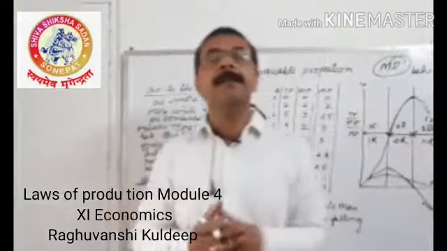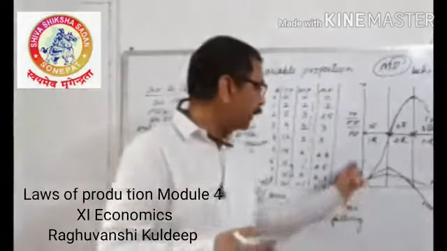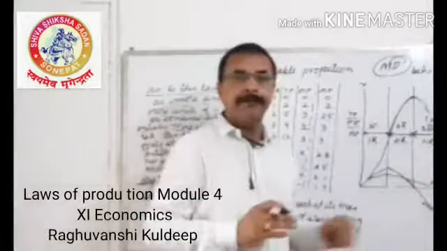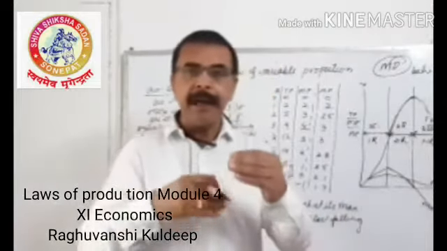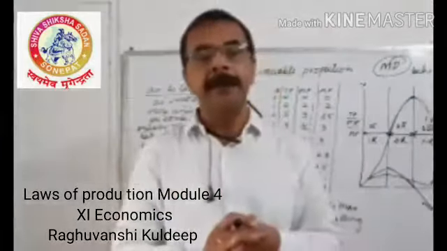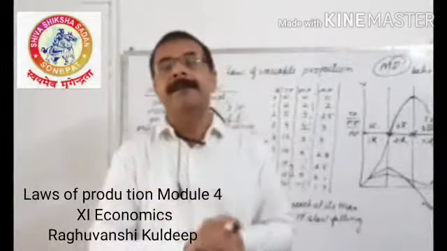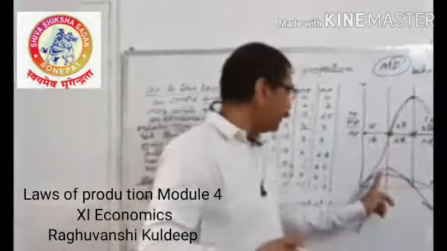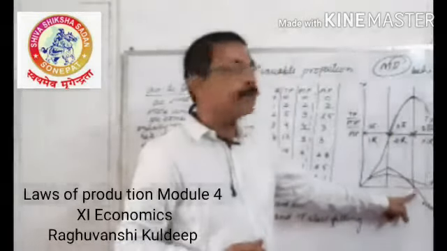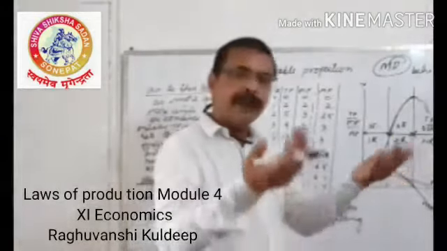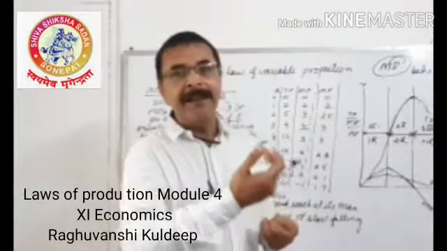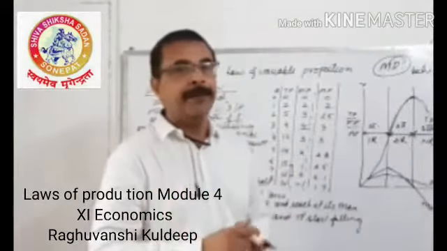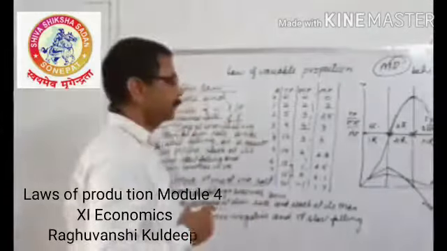That's why it is called increasing return. When MP falls but is positive, every additional unit of variable input gives less and less output. That's why it is known as diminishing return. We are getting return but less and less every time than the previous one.